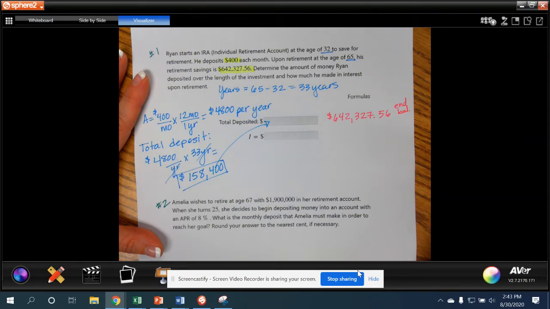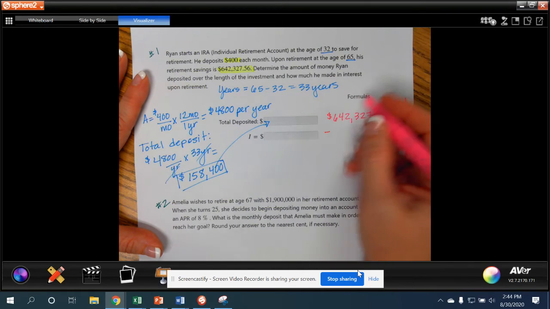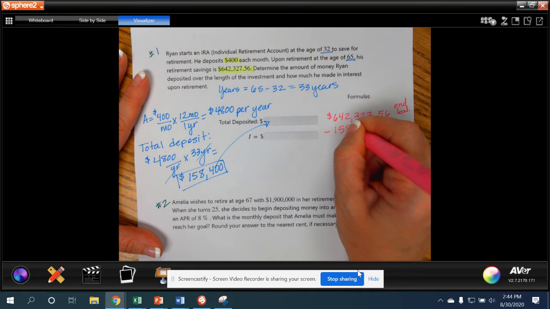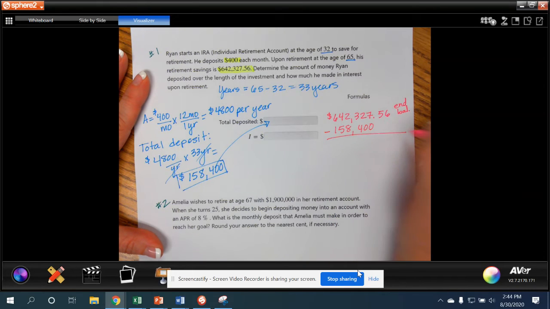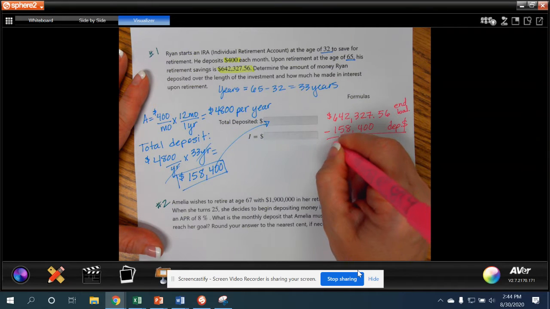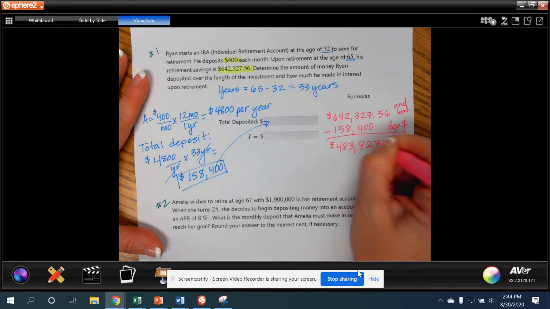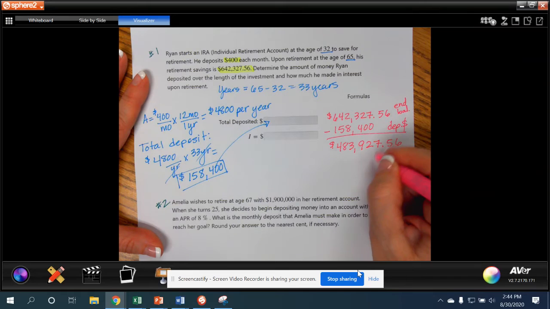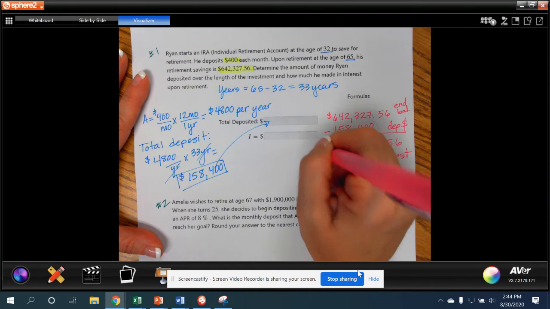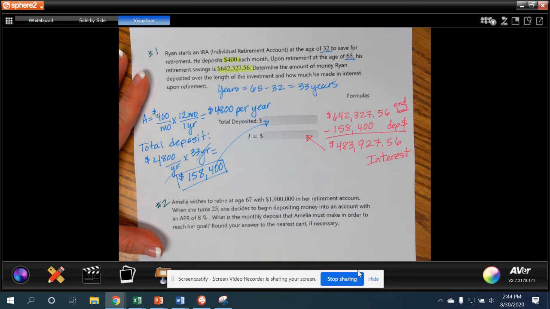That's both pieces, what's deposited and the interest. Subtract what he deposited, and he ends up with $483,927.56. That is how much money he made off the interest. He must have got some nice return.